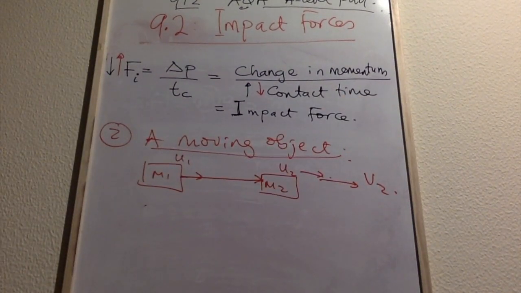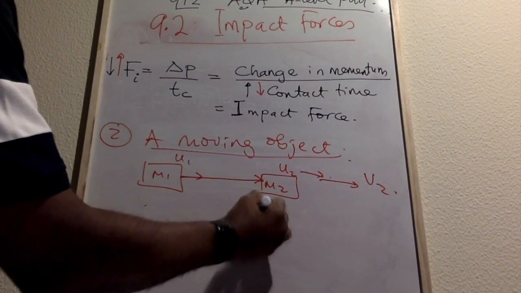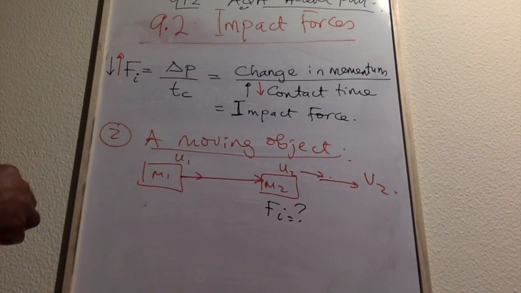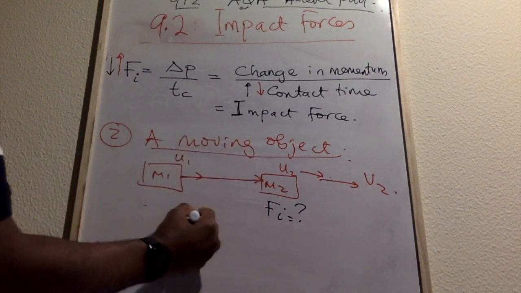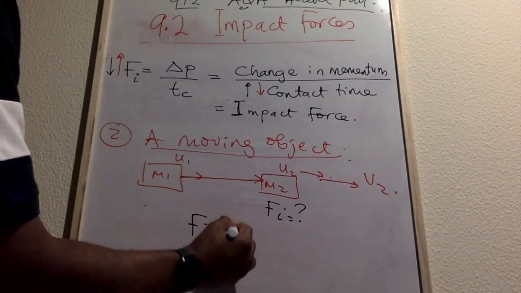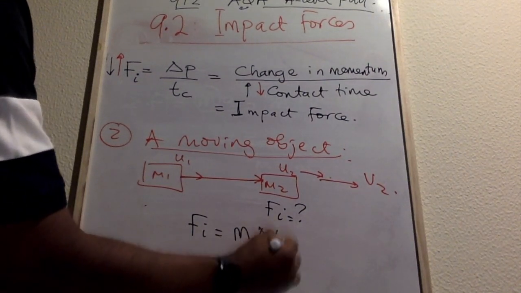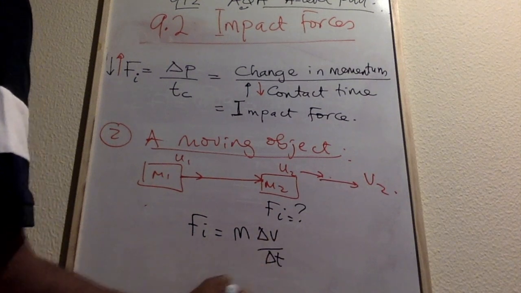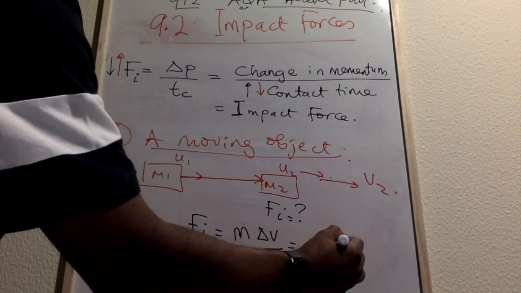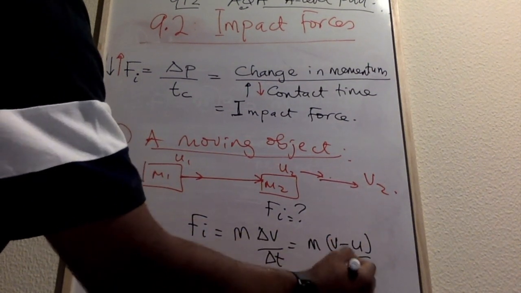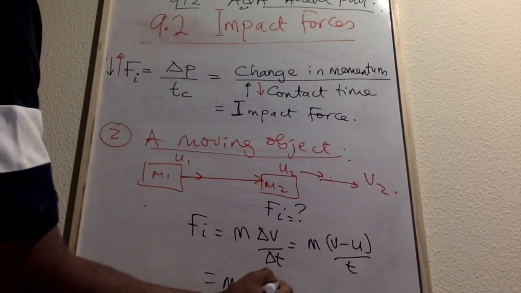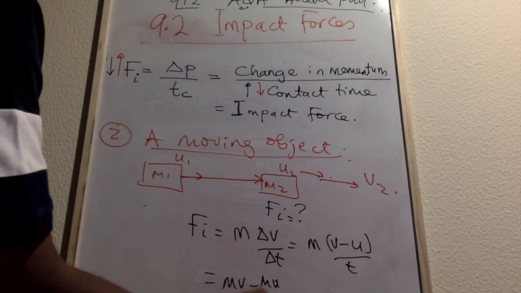We're just going to say what is the impact force on this mass m2. In this particular case, Fi is, again, mass, which remains unchanged, times delta v over delta t. So it would be m times v minus u over t, and we can open it up to mv minus mu, again over t.